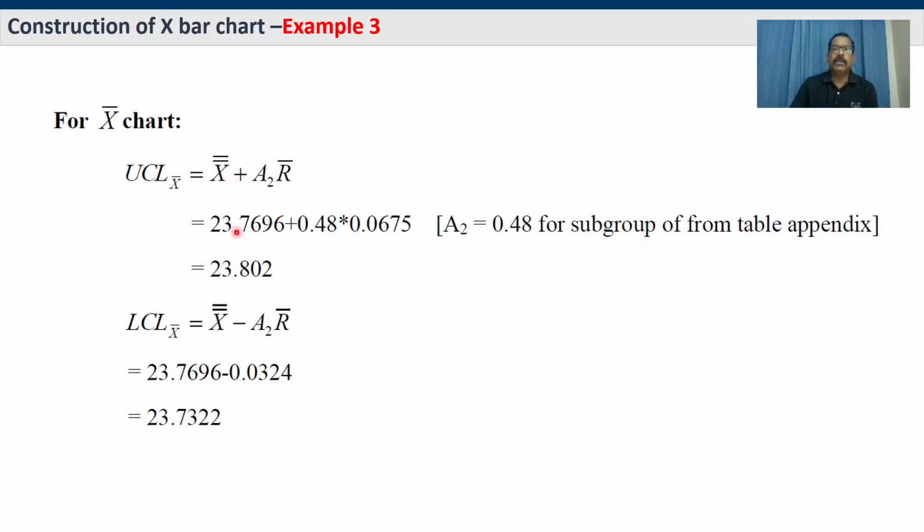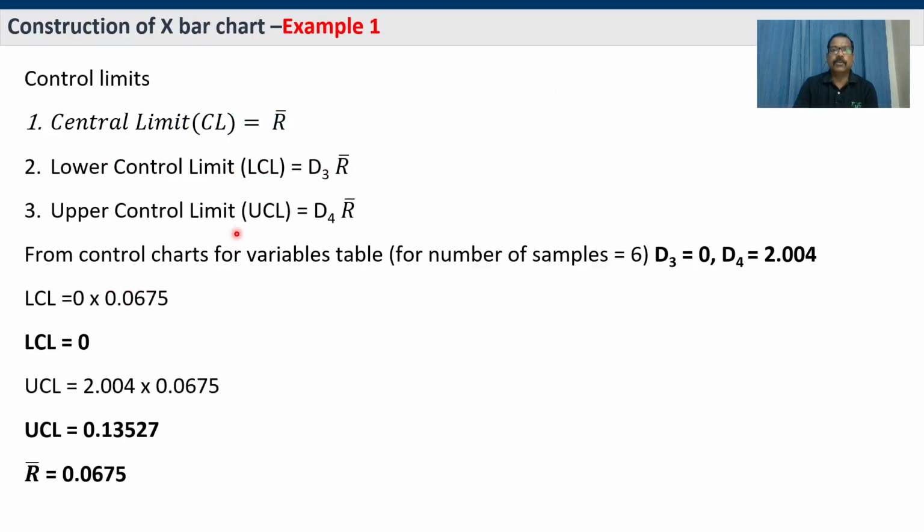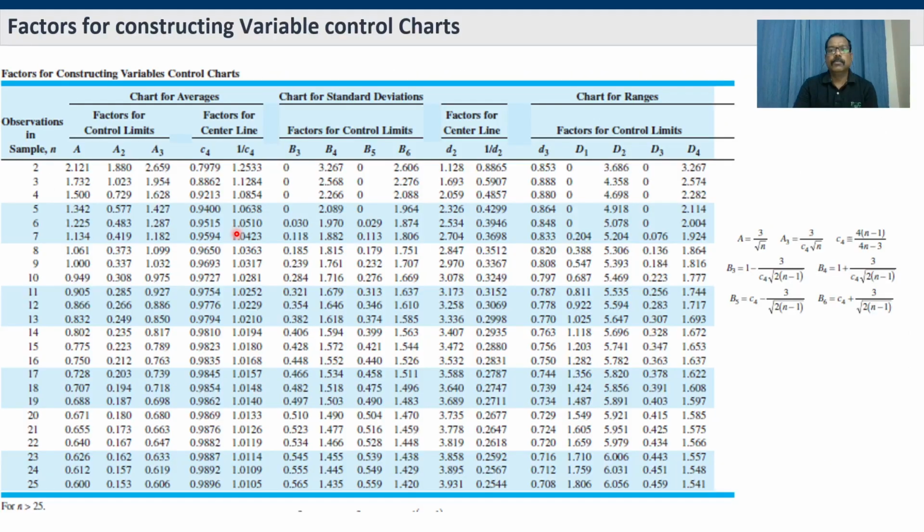From the table, for the sample size, how many samples? 6. So for 6, where is the A2? Okay, A2 for the chart for average and sample number 6, 0.483 is the value.